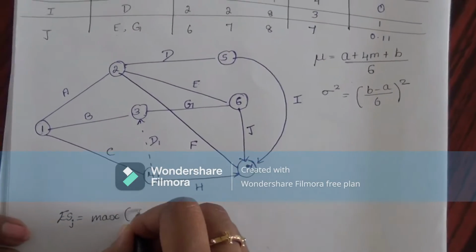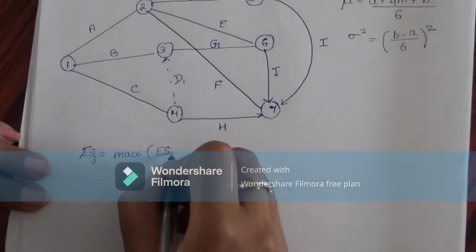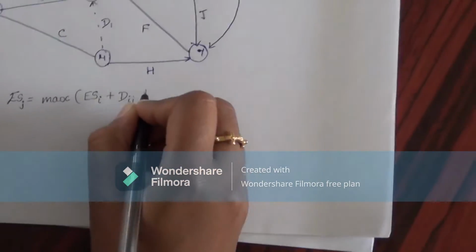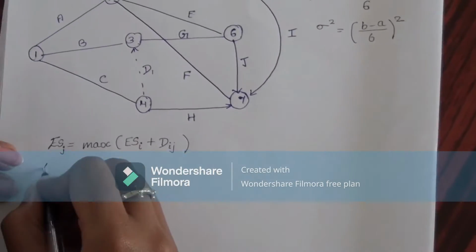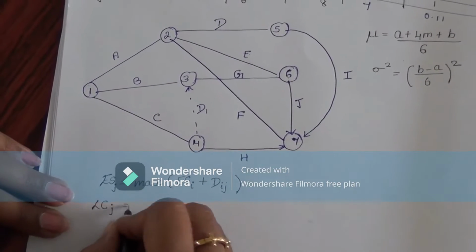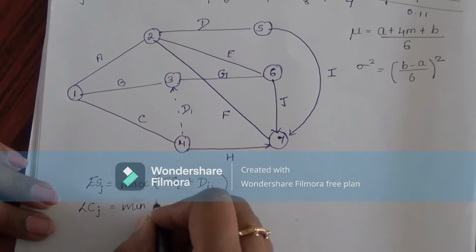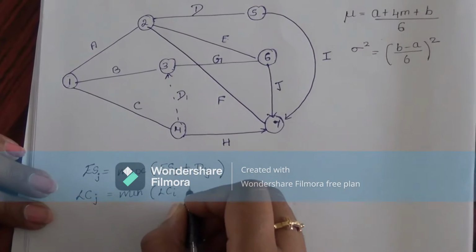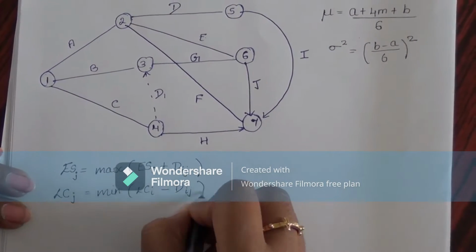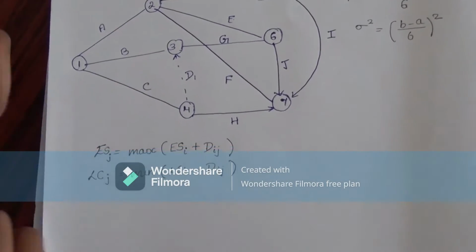So it will be the maximum of the earliest start time of the previous activity i plus the distance between these two activities, i and j. Similarly, the latest completion time of activity j will be the minimum of the latest completion time of the next activity minus the distance between the two activities, dij.